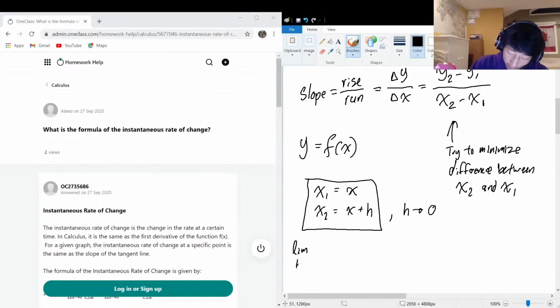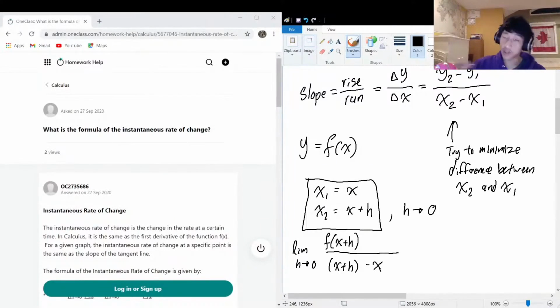So the limit as h approaches 0, let's do the bottom first. It's x2 minus x1, so that's x plus h, that's x2, barely more than x1, and x1 is just x, so minus x. On the upstairs, we know that y is a function of x, so it's just the result of x2, which is x plus h, minus the function when we input x1, so minus f of x.